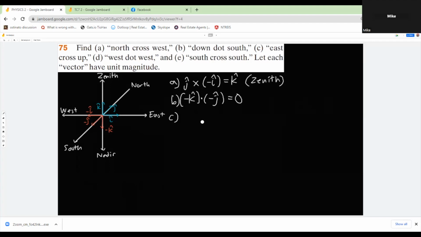C. Cross of east is the unit... North. Oh, wait. Right hand rule. Wait. So this is X, Y, E, south. The dot po is usually a giveaway.